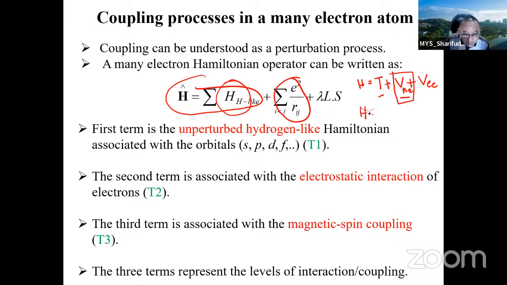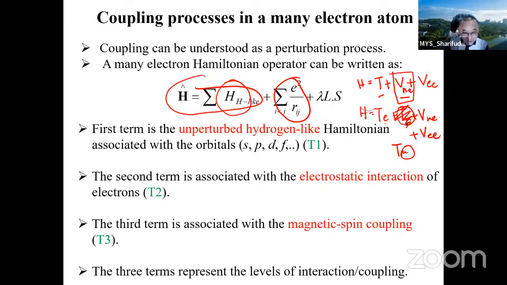Originally it should be like this: TE plus TN plus VNE plus VEE. Because the nucleus is much bigger than the electron, this is usually ignored. If it is not ignored, then you will have to use T mu, where mu is the reduced mass, but you can say that it's practically the electrons only.